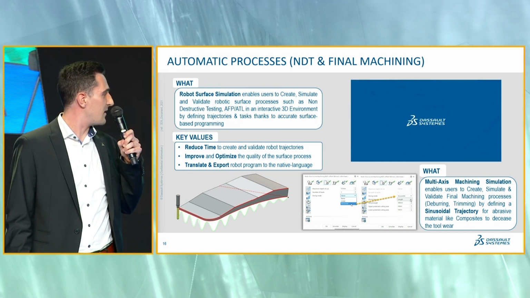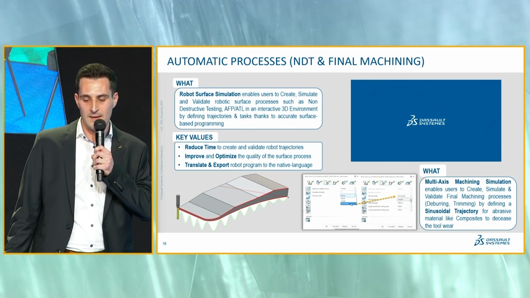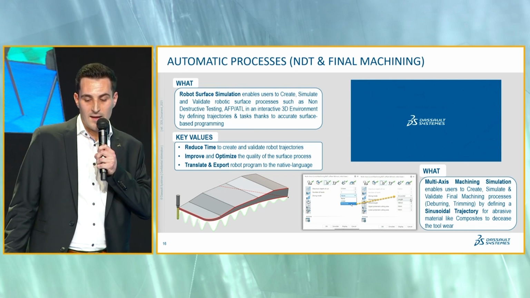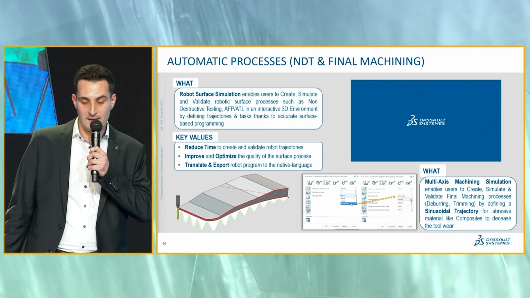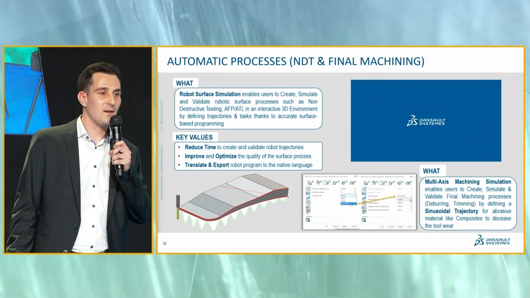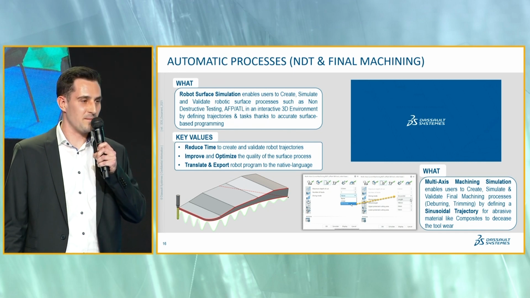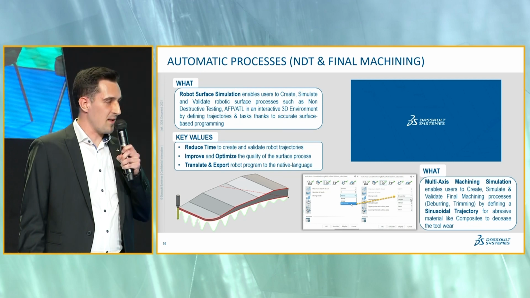We can define a sinusoidal trajectory to minimize the abrasion and to minimize the tool wear of our tool, of the robot, and then utilize the resources as much as possible. And with this, we're at the end of the presentation.